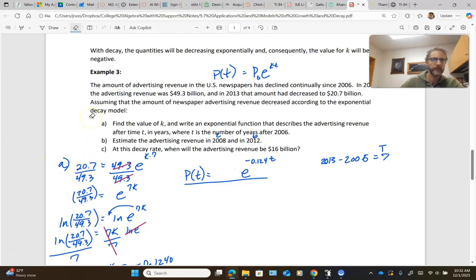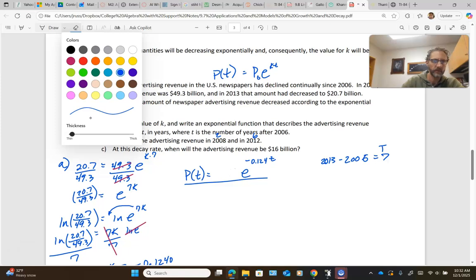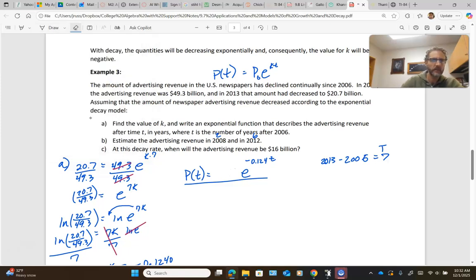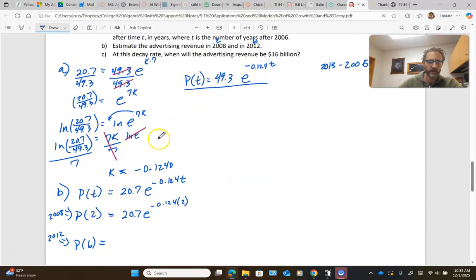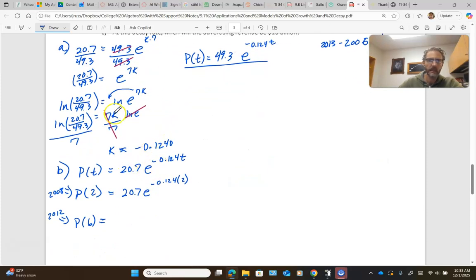Ooh, something didn't look right. Sorry about that, guys. 49.3. That's the initial revenue. So that's what I need to have right here. Because it's decreasing.